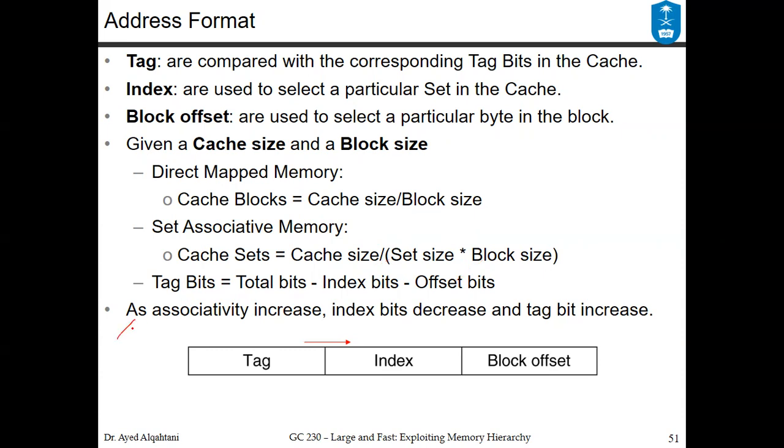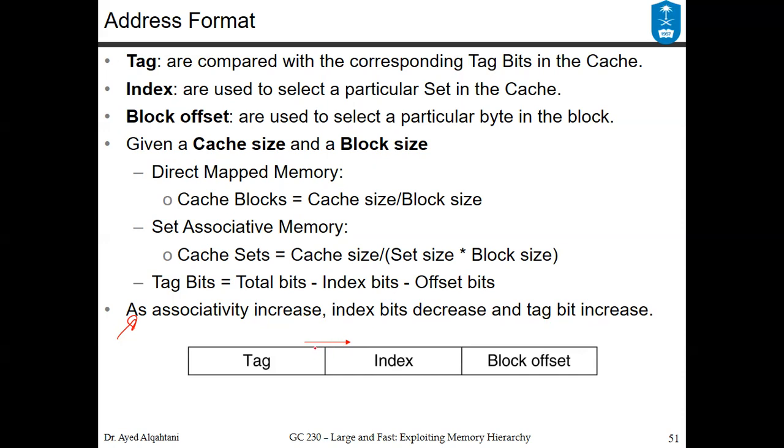Now, as an observation, and we will see this in the next slide when we look at the examples, as associativity increases, the index bits decrease and the tag bits increase, which means the more associativity you have, the bits will move this way.